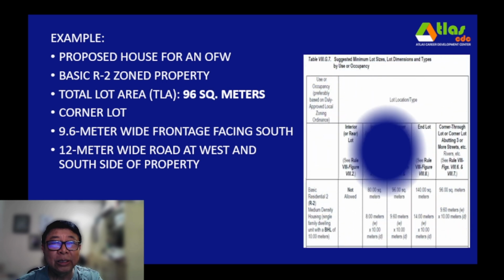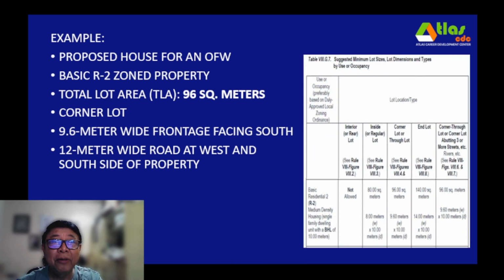So if we are going to refer to table 8.G.7, this is the suggested minimum lot sizes for a basic R2 zone corner lot. The suggested minimum lot size is 96 square meters with a dimension of 9.6 by 10 meters.